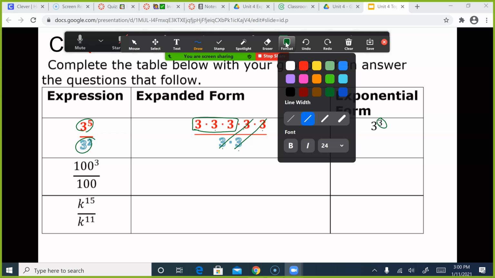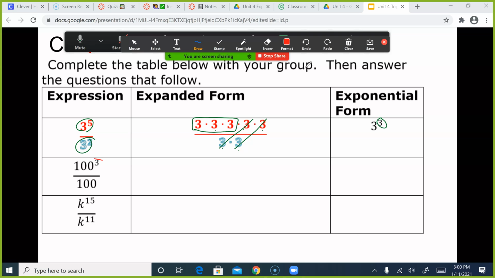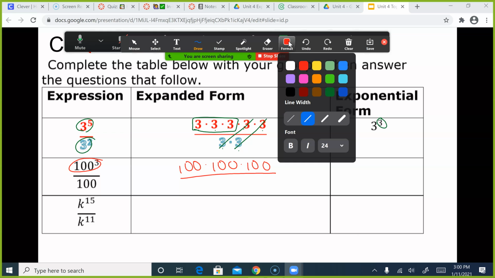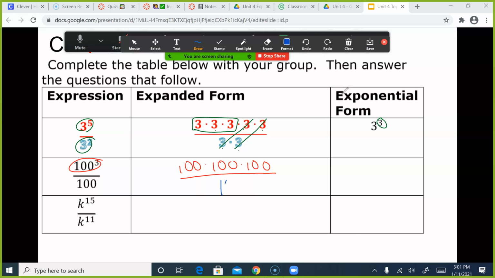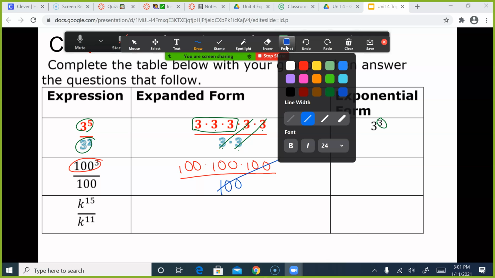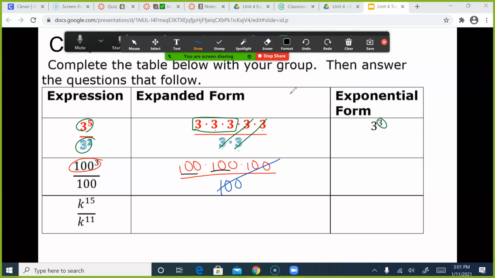So for the 100, if I have 3 hundreds, 1, 2, 3, and I divide it by 100, then these cancel, and I'm left with 100 squared.